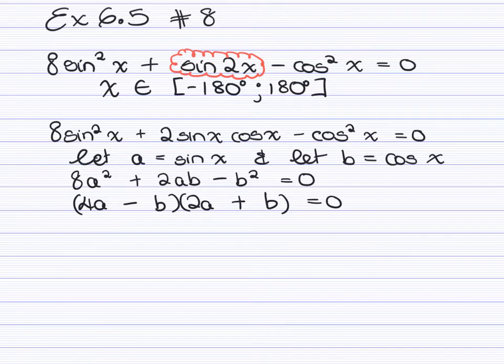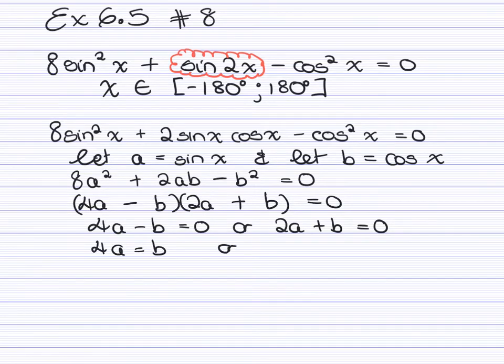So now we know from the zero product principle that either 4a minus b is going to be equal to 0, or 2a plus b will be equal to 0. We can then solve from here, isolating variables on either side of the equation. 4a will be equal to b, or 2a equals minus b.